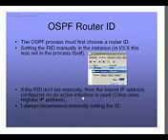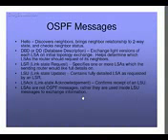OSPF messages. OSPF uses the hello message to discover neighbors, bring neighbor relationships to a two-way state, and check neighbor status. So it's sent out every few seconds. I believe it's every 10 seconds, I want to say, is the hello message in OSPF.